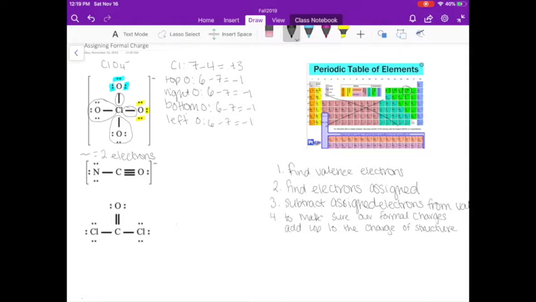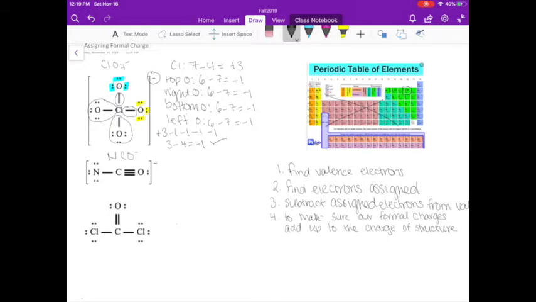So looking at ClO4-, we see that it has a charge of -1. So we want all of our charges to add up to that -1. So we have +3, -1, -1, -1, -1, which turns out to be 3 minus 4, which does indeed equal -1, so our formal charges seem to be correct here. Alright, now let's look at the structure of NCO that we have here.